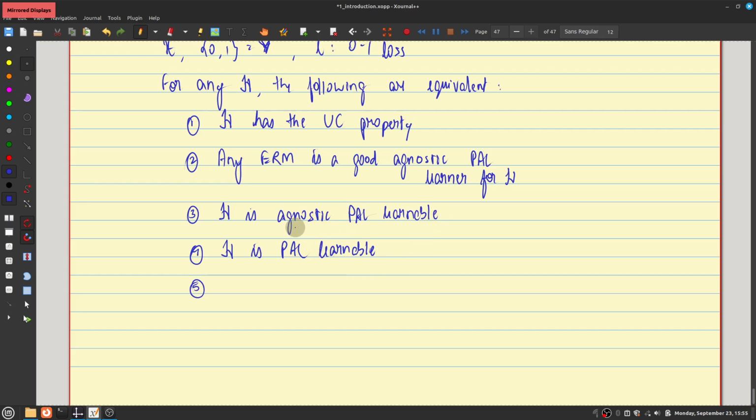But in general, the reverse is not true. If H is PAC learnable, in general, H need not be agnostic PAC learnable. Okay? But for the case of binary classification, the reverse is true.